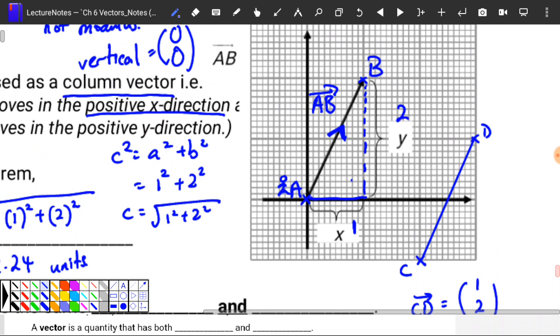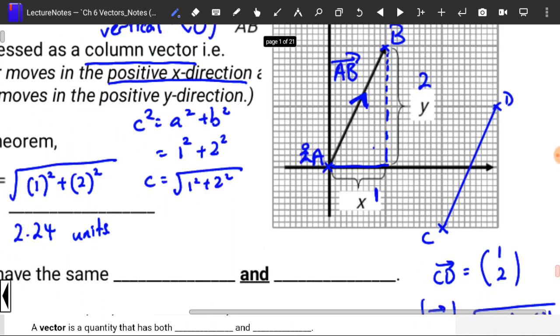So can I say move 2 units here? Cannot. If I move 2 units, I will not reach B. I will start from the C. So C to D: C is a starting point, D is an ending point. So from C I move 1, then I move up 1, 2. Alright? Now, do you see that?